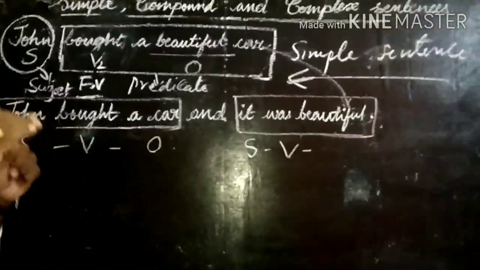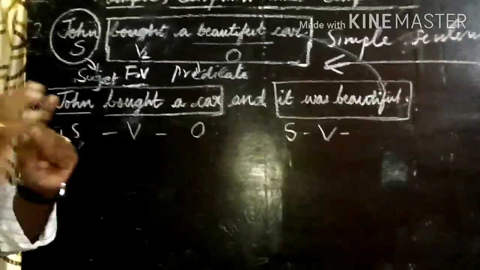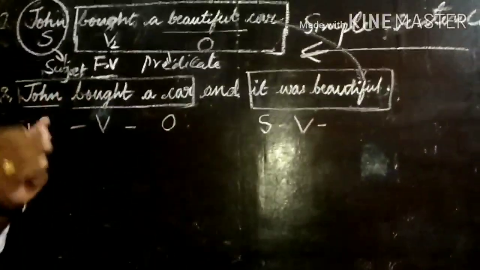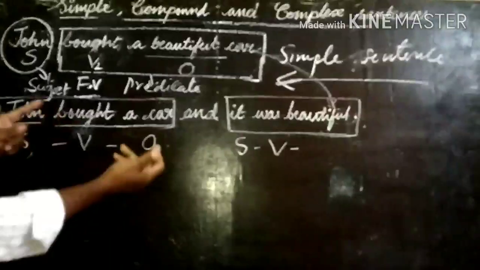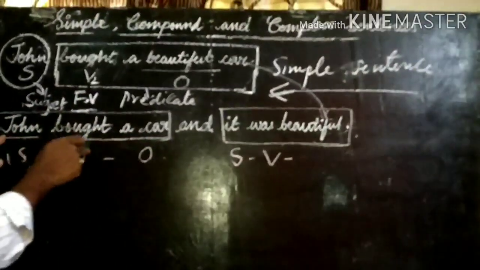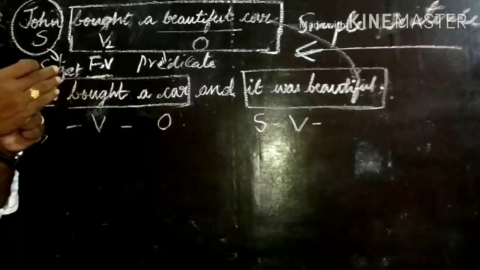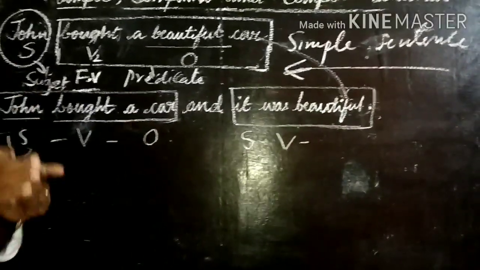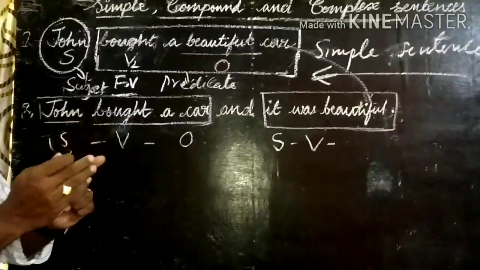Okay, a clause is nothing but a sentence that also has a subject and predicate of its own. When it is a part of a sentence, it is called a clause. When a clause is written independently, then it is called a sentence.